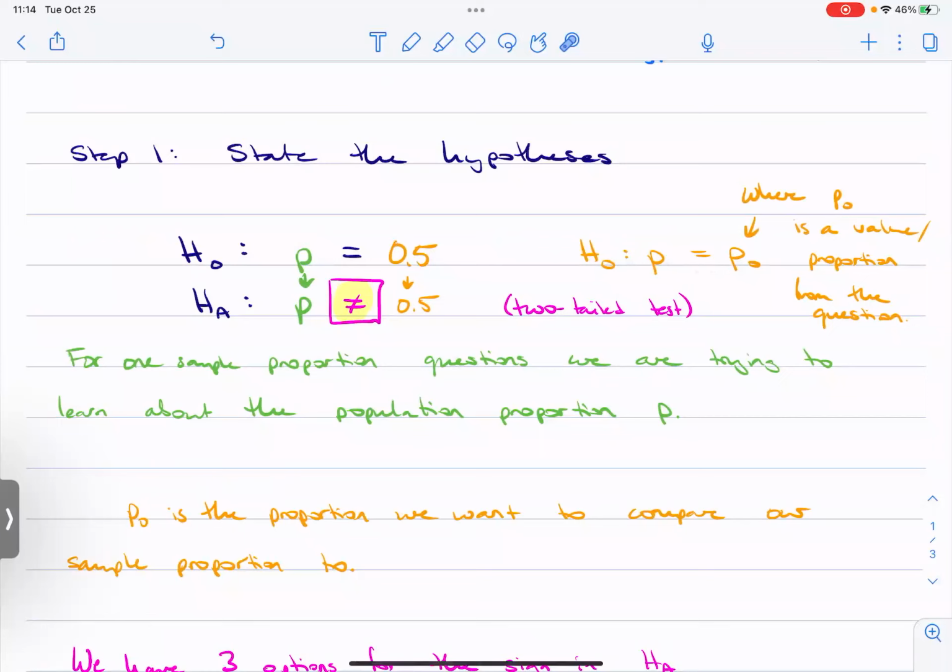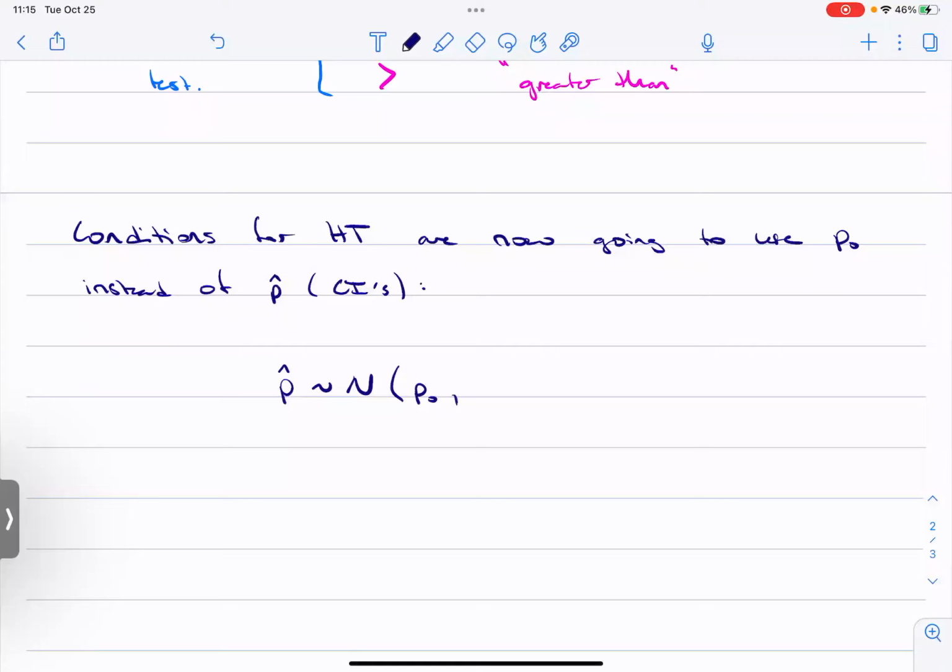Which means that P hat is now going to follow a normal distribution centered on P naught, the null hypothesized proportion, with a standard error of the square root of P naught Q naught over N. Kind of sneaking the conditions in as a sub-step of step one.